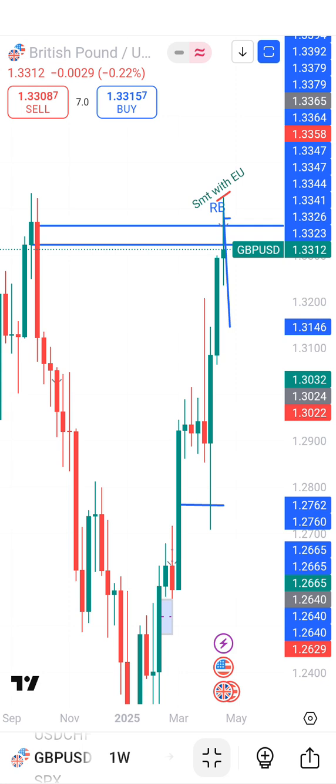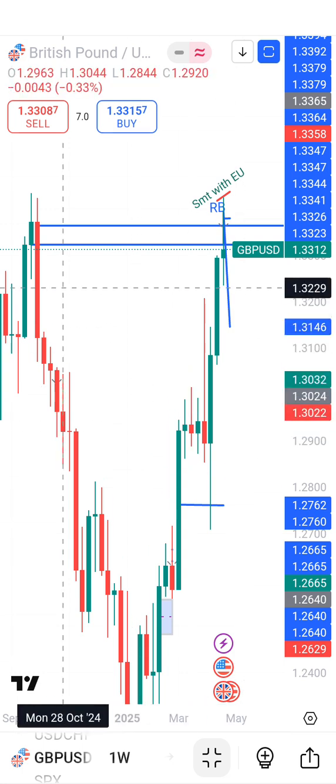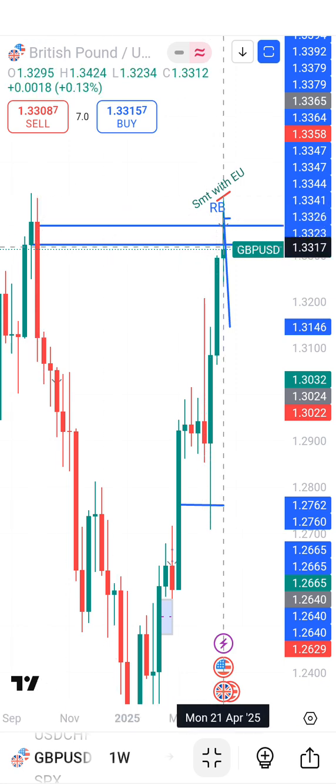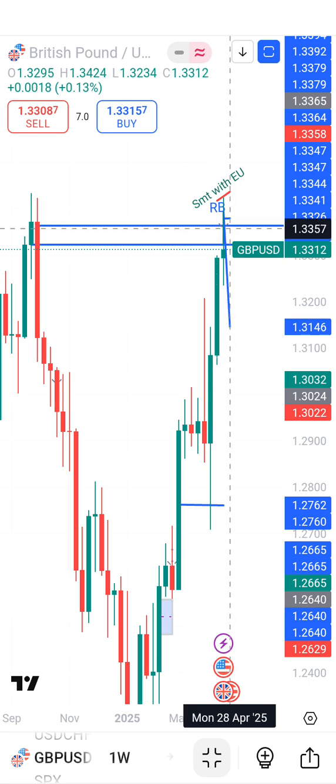So yes, this is GBPUSD. In last week's analysis I told us that price is going to react off this rejection block on the weekly time frame, then you look for a sell setup on the weekly time frame, and look at it now.